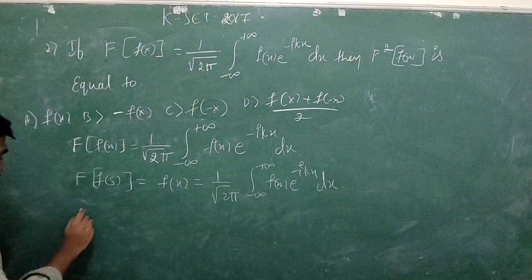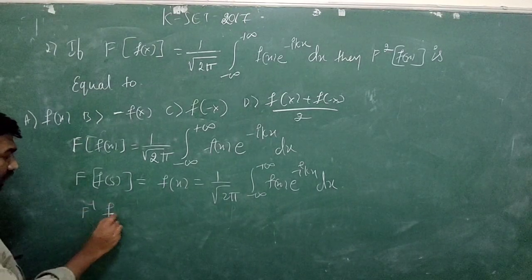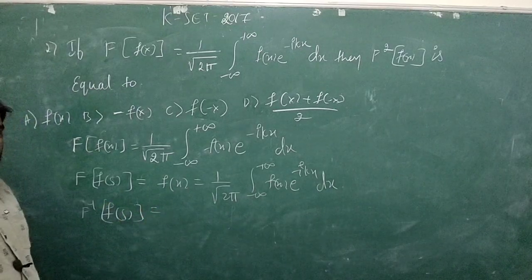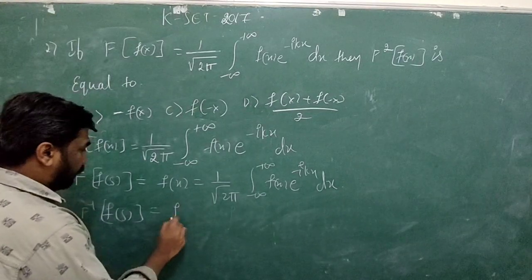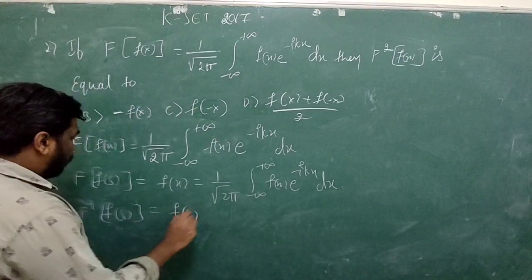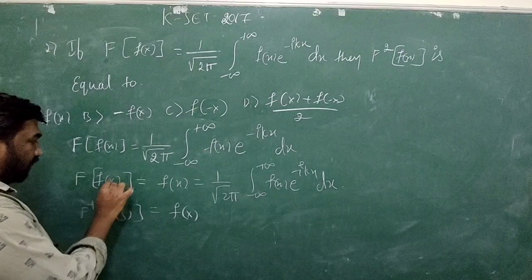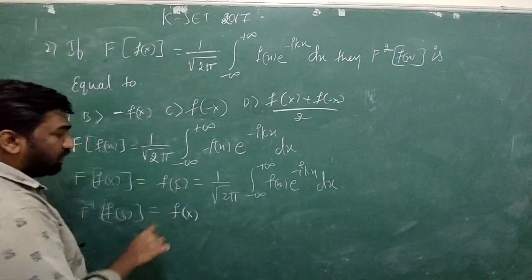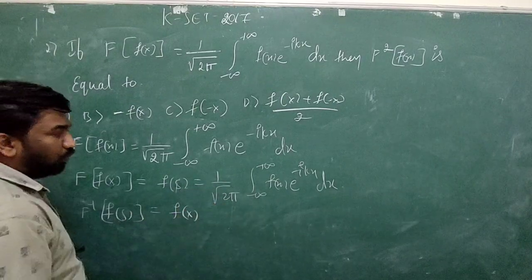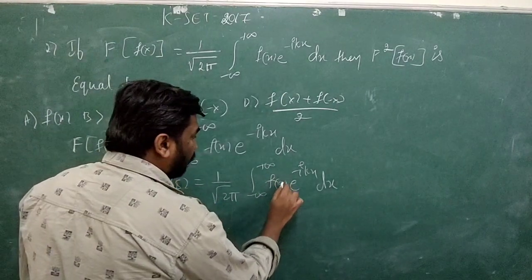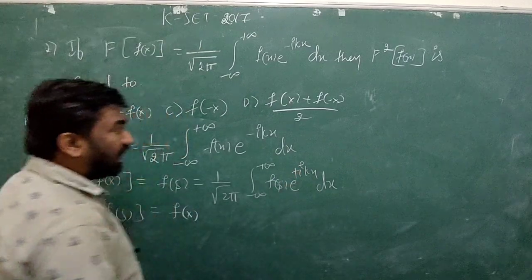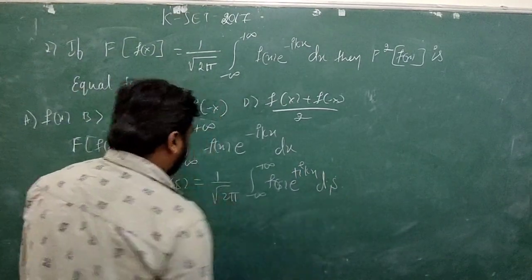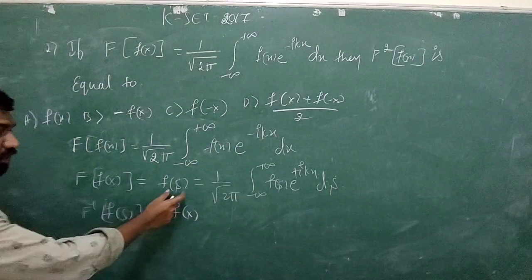And F inverse of F of s is equal to f of x, where F of s is equal to 1 by root 2 pi integration of F of s e power plus ikx ds.